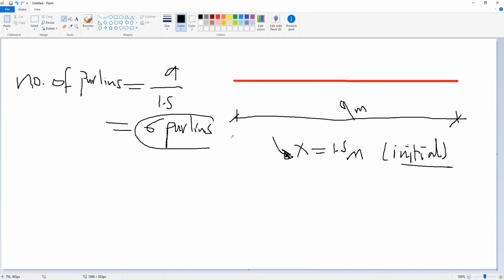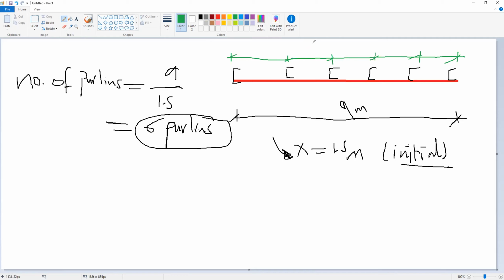So we have 6 Berlins, and we will have one at the edge and one at the other edge, and we have 4 in between, right? Okay. So now you know how many spacings we have according to the assumption.